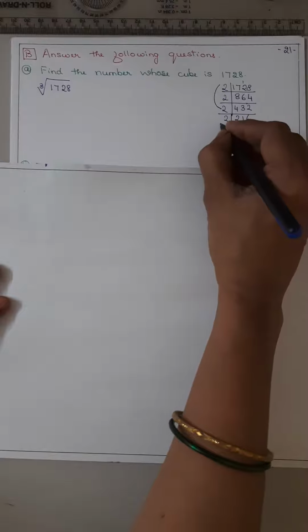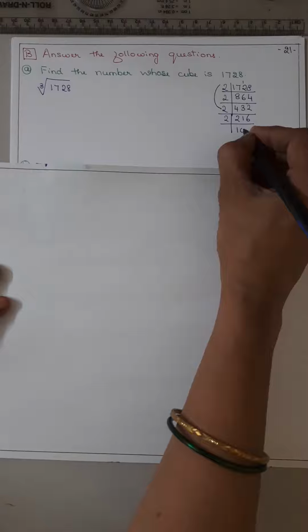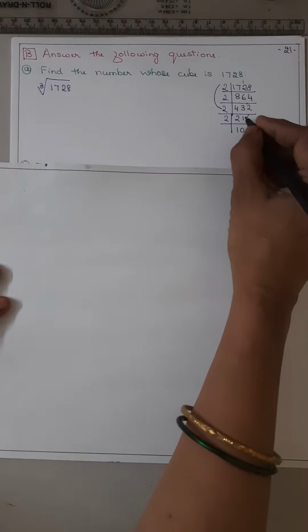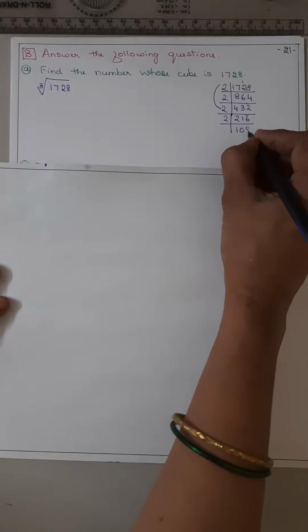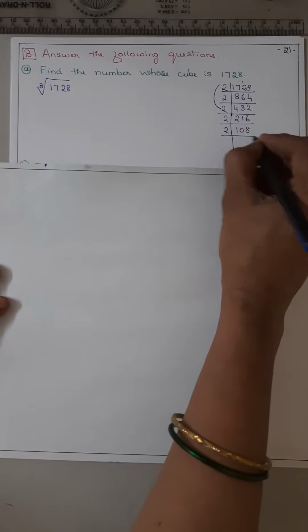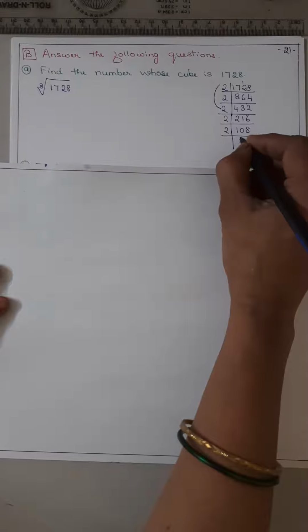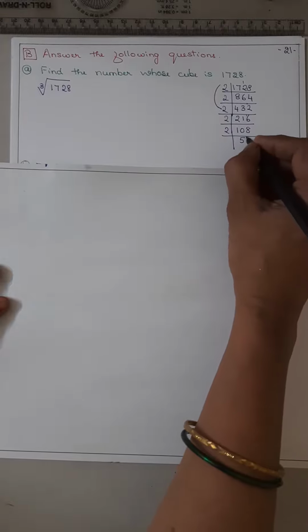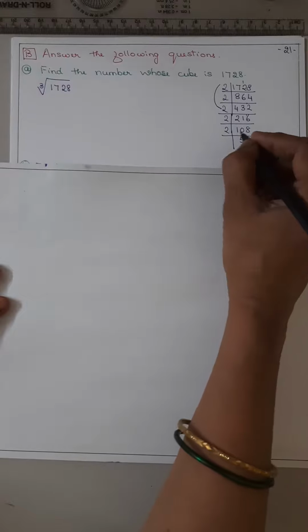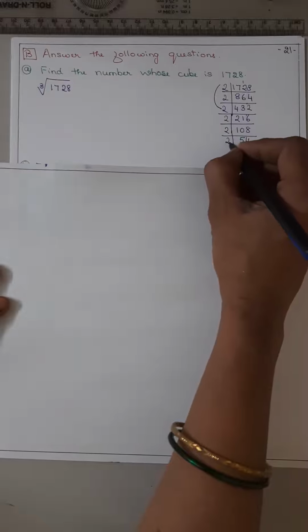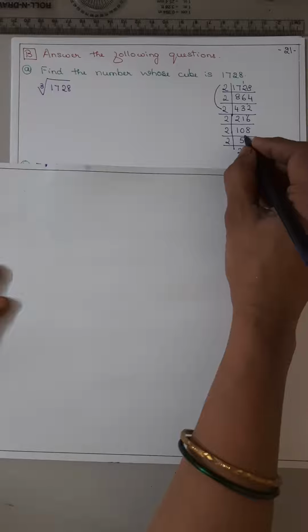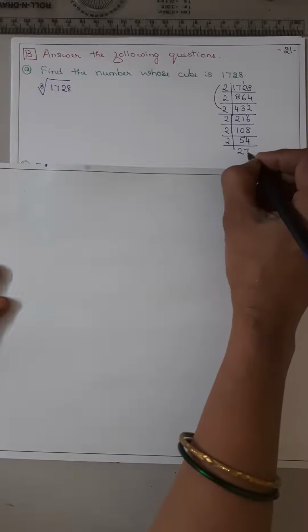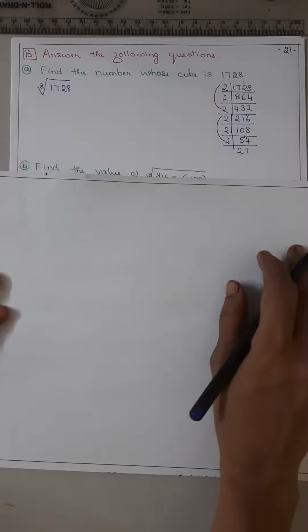Now it is 2, 1s are, 0s are 1 and 1 carried, so 8s are 16, 2 5s are 14, 2 5s are 10, 4s are 8, again 2, 2s are 4, 1 remains, 7s are 14.